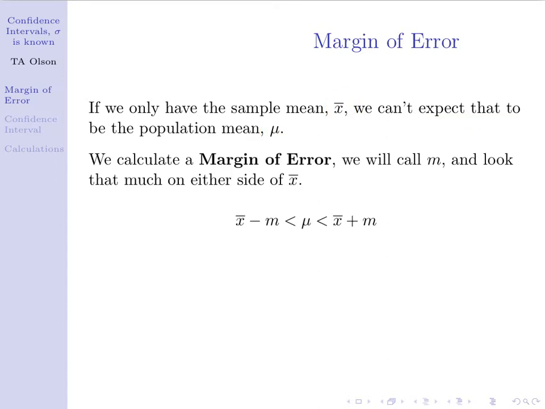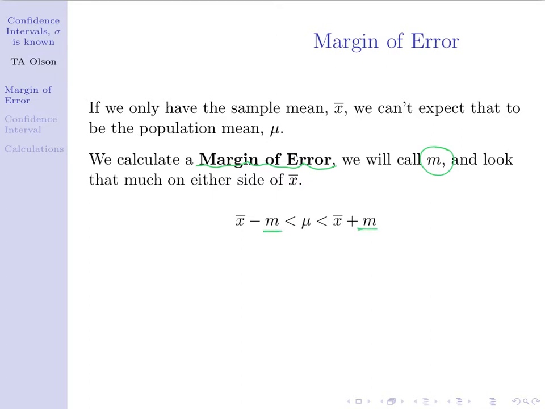The thing we calculate is called a margin of error. And we're going to call it M so that we have something that we can simply use to plug into formulas. And we look M on either side of X bar.